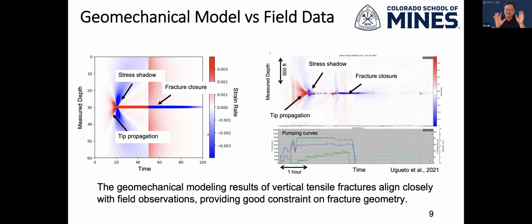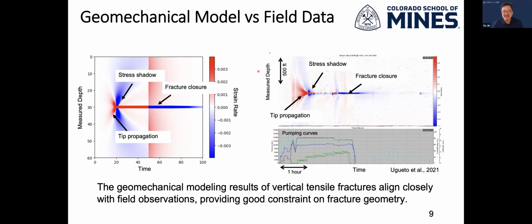So if you don't trust me on the geomechanical model, here is what we really observe in the field. This is an open data set you can download from the Hydraulic Fracture Test Site 2 website. On the right is what we observe in the field. On the left is what the geomechanical model tells us we should observe in the field. You can see the match is really good.